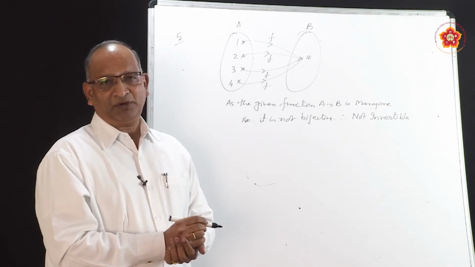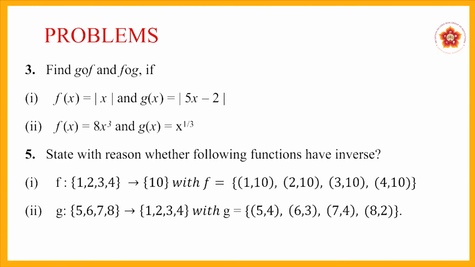He has given one more in this. That also, let us draw a diagram. First set has got elements 5, 6, 7, 8. And then the second set has got elements 1, 2, 3, 4.